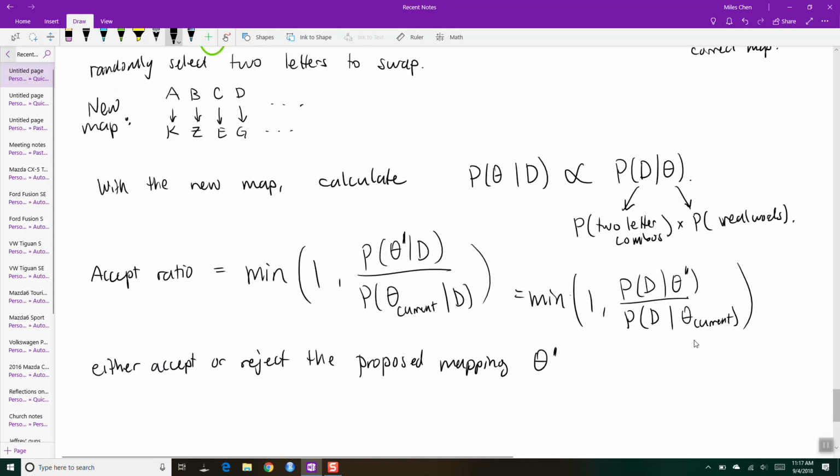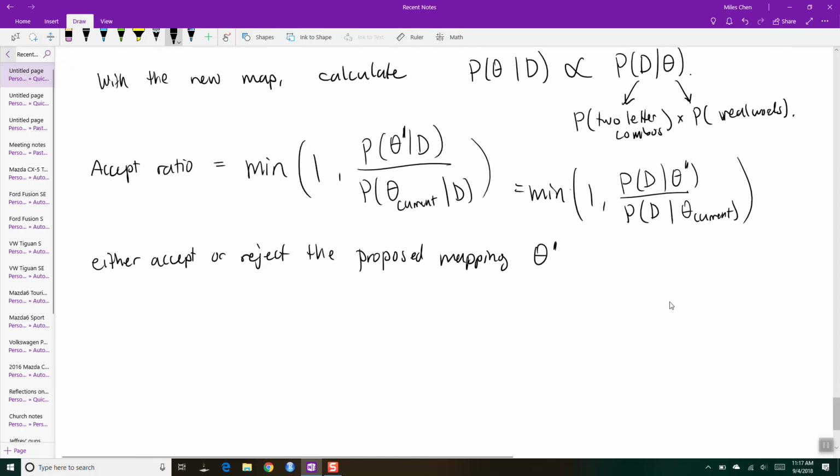Is that okay? All right, now here's one thing, okay. So an issue is we are using log probabilities.